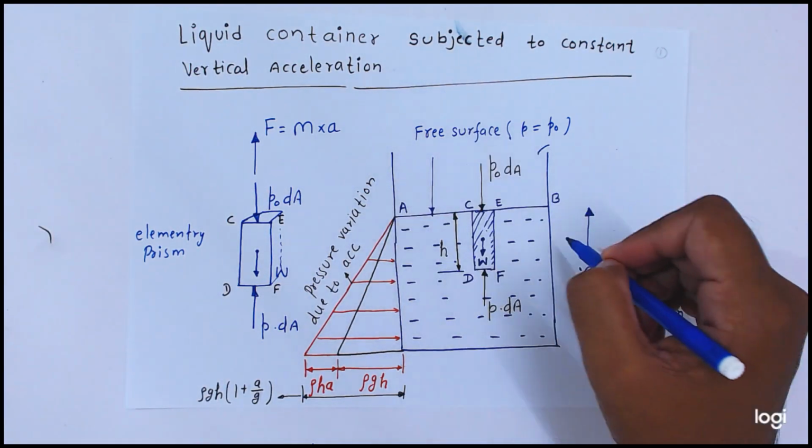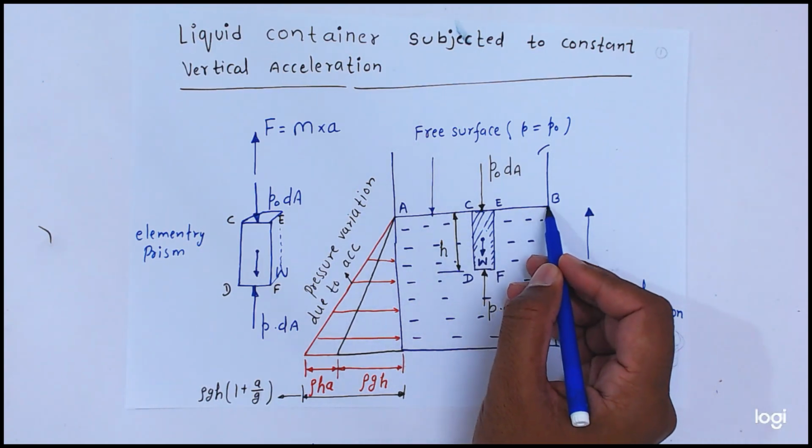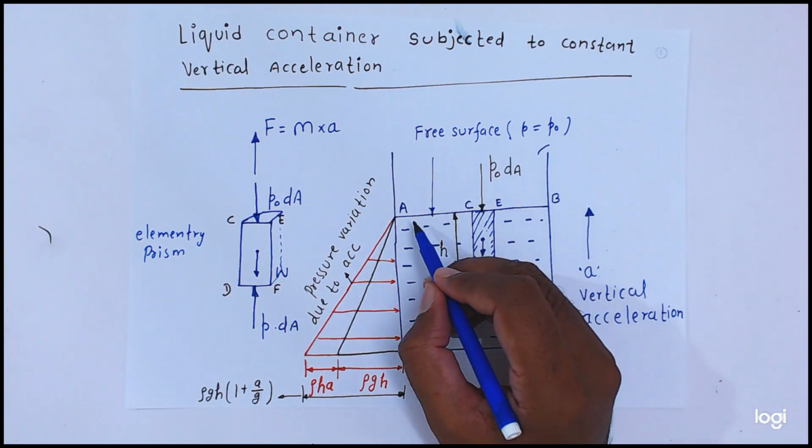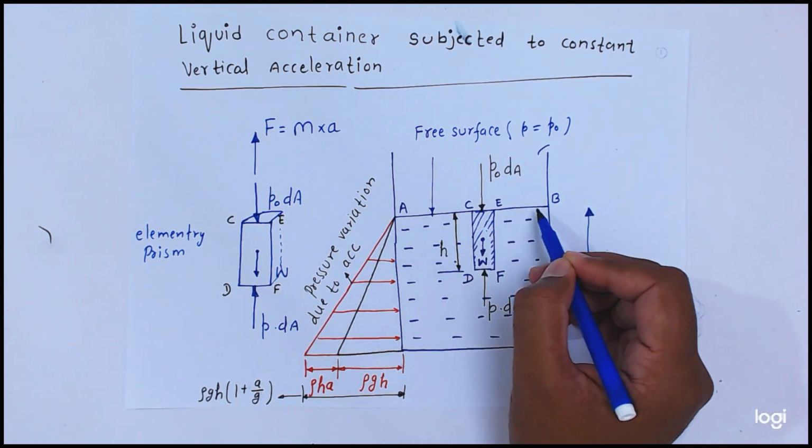It will not incline. Last time, in the horizontal motion case, the free surface was inclined, but in this case, it will be horizontal.